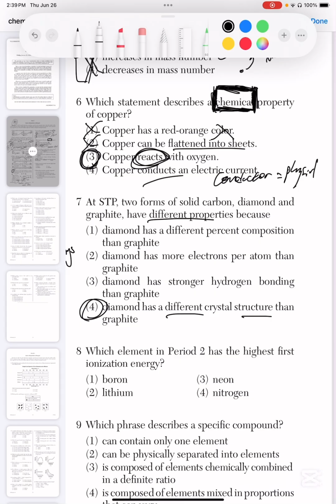I guess if you have just one branch versus if you have a bundle of branches, these have different structures, therefore they have different properties. This, easy to break. This, harder to break. Because of the fact that their physical structures are different, right? Okay.